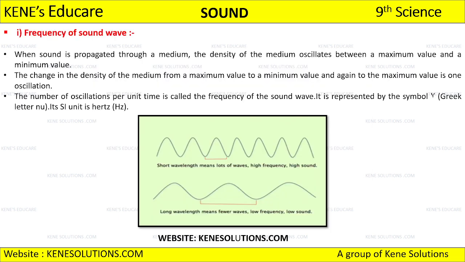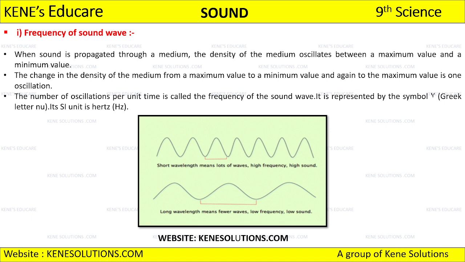After this, now we have the frequency of a sound wave to discuss, what exactly it is. Now you know how exactly sound propagation is happening, right? When sound is propagated through a medium, the density of the medium oscillates between a maximum value and a minimum value. Where will the density of the medium oscillate? There will be a maximum value and a minimum value for that.